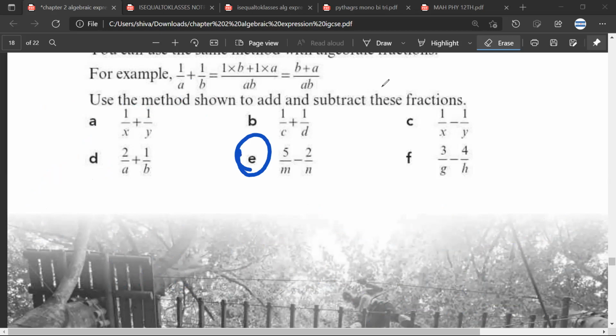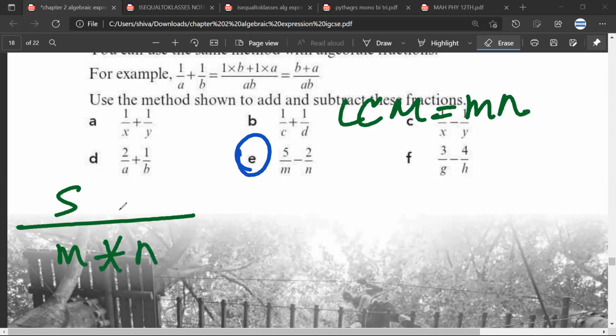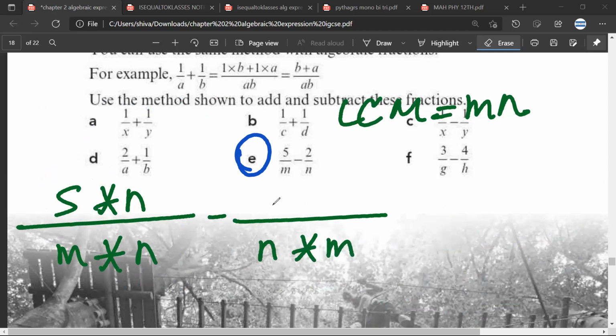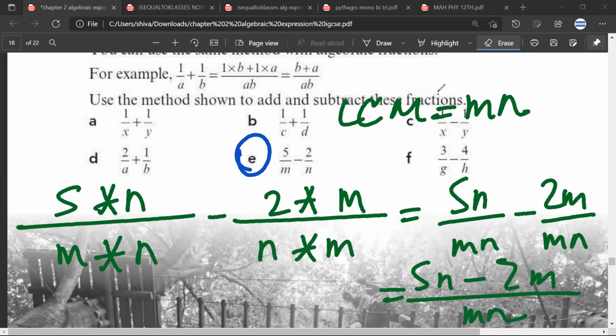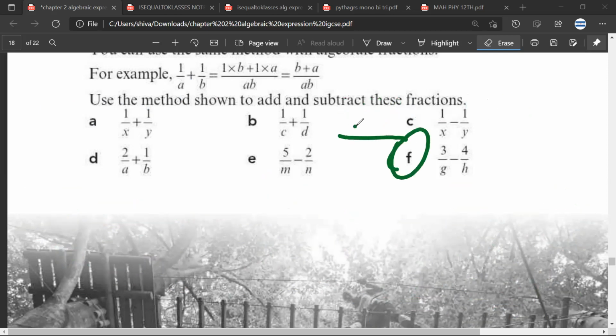Mr. Satya, E part. So the LCM would be mn. So 5 into n upon m into n minus 2 into m upon n into m, which would be equal to 5n upon mn minus 2m upon mn. So it would be equal to 5n minus 2m upon mn. Or should I do F part? So the LCM would be GH.